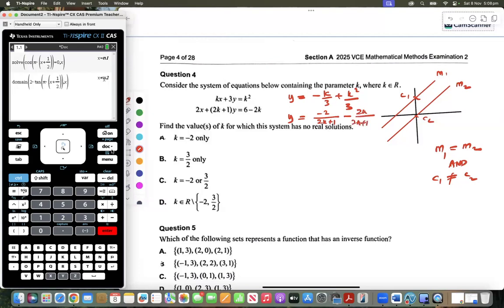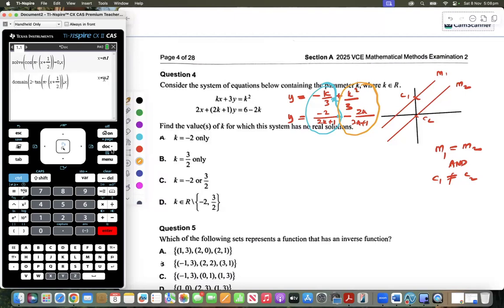So your first condition, these two should be equal to each other, and the second condition, these two should not be equal to each other. So k squared on 3, yeah, probably that's one of the methods.